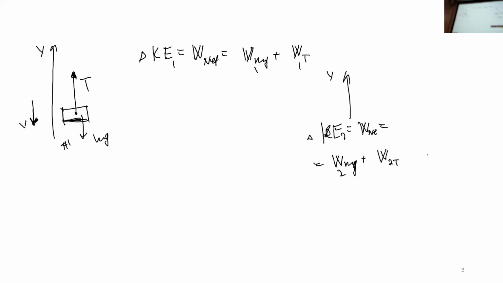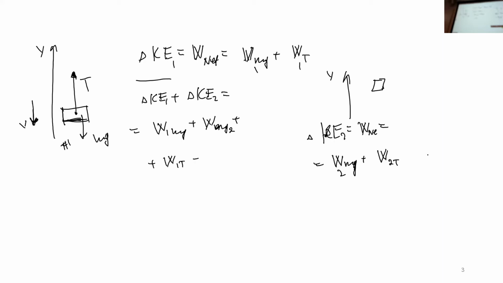And if we add this delta K1 and this delta K2, we've got work by mg number 1, work by mg number 2, work by tension number 1 plus work by tension number 2.